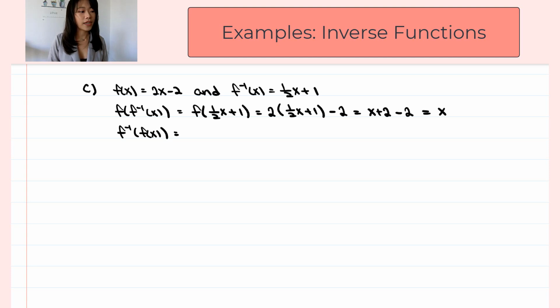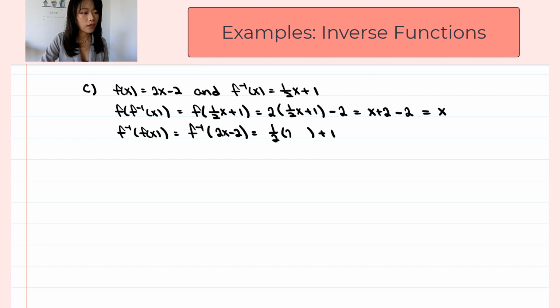How about the second one? Inverse of f of x. So now f of x serves as the input to the inverse of f. I have the inverse of f, and f of x is 2x minus 2. So I substitute this into my inverse function. My inverse function is half times the input plus 1.